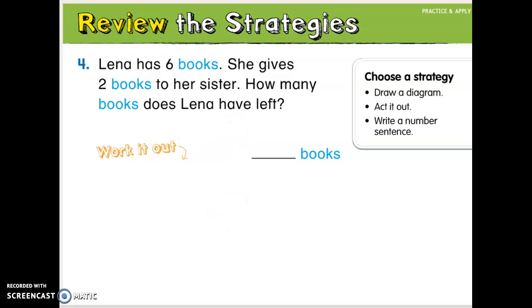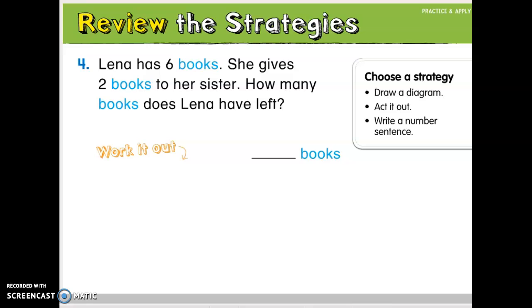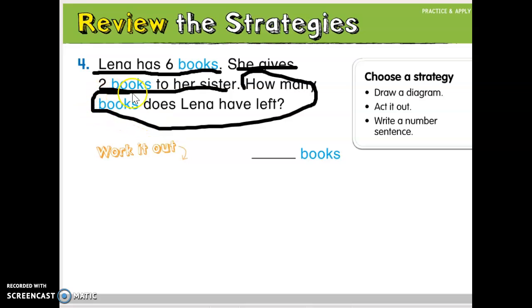So I'm going to use my writing tool, my medium line here, and I'm going to go ahead and underline what we know. She has 6 books, and then we know that she gives 2 books to her sister. Now what we want to know is, how many books does she have left? So let's go ahead and draw our picture.